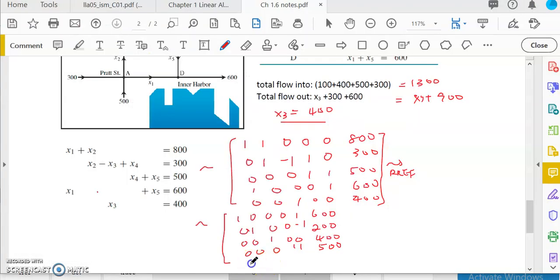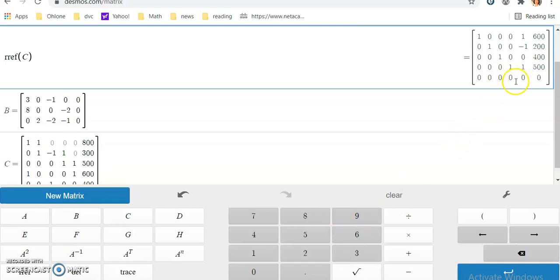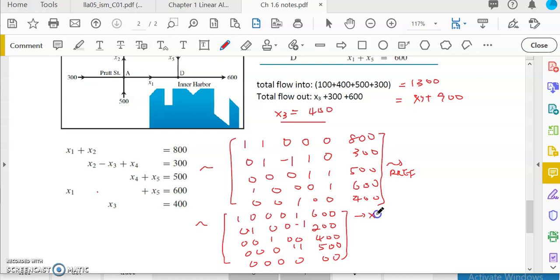And then the last row is all 0. That has 6 columns, right? So this tells us that x1 is equal to 600 minus x5. x2 is equal to 200 plus x5. x3 is equal to 400, that's what we have done before. x4 is equal to 500, also minus x5. And that's it. x5 is free.